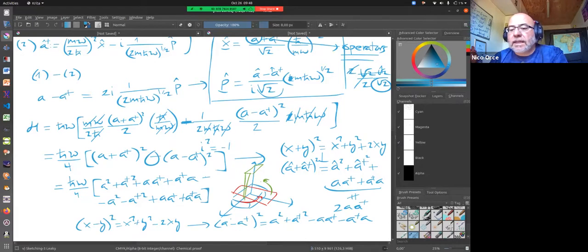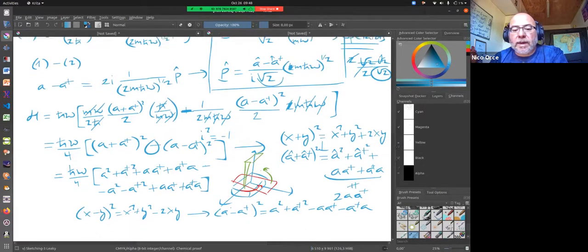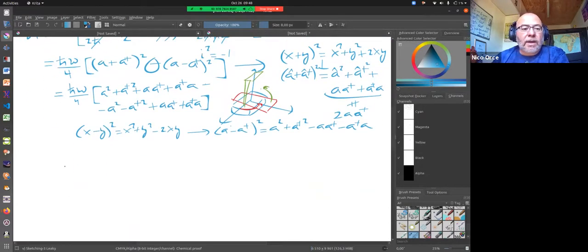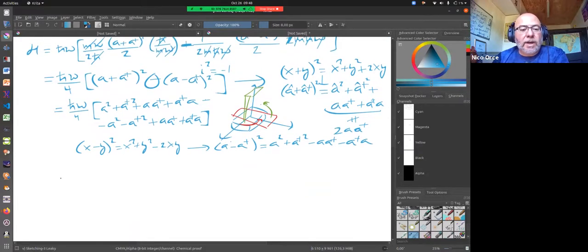So this becomes actually equal, the Hamiltonian becomes equal to h bar, sorry, h bar omega. I was thinking about the 2 here. These guys cancel with each other, right? This guy cancels with each other.